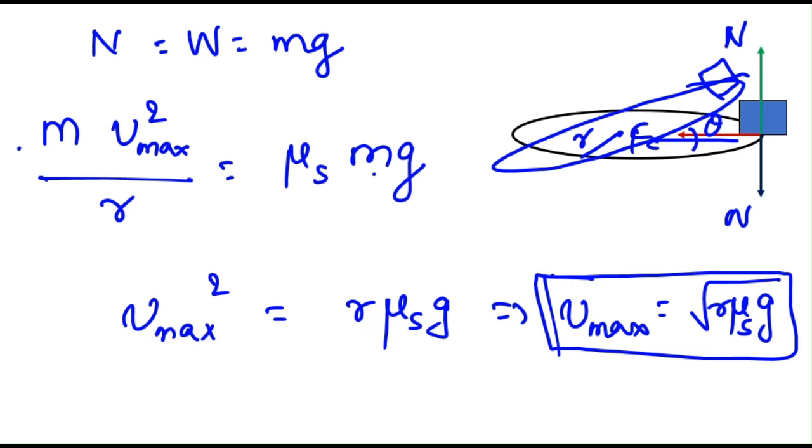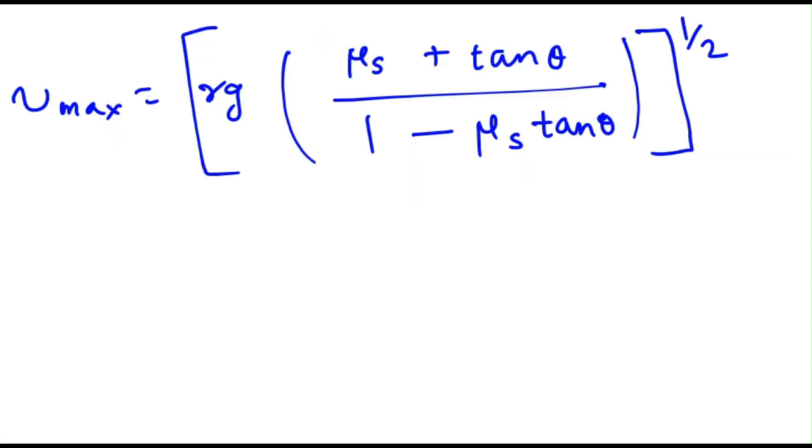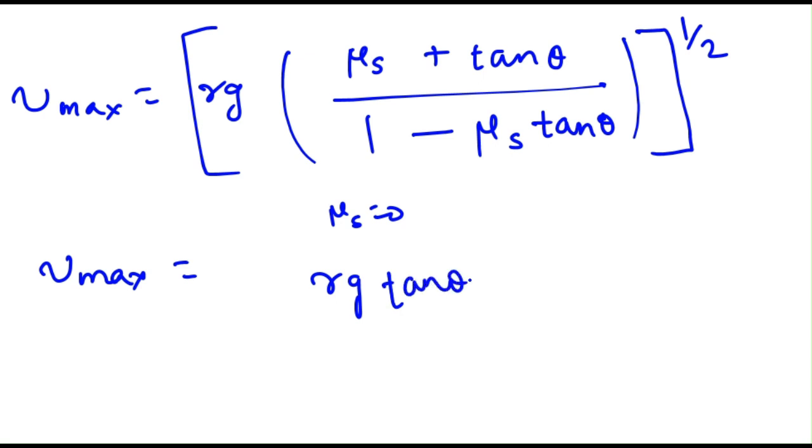But what is happening in this case? Here you can observe that V max can be given as, even if we are taking this thing to be 0, square root of Rg, and 0 plus tan theta, that will be tan theta divided by 1.